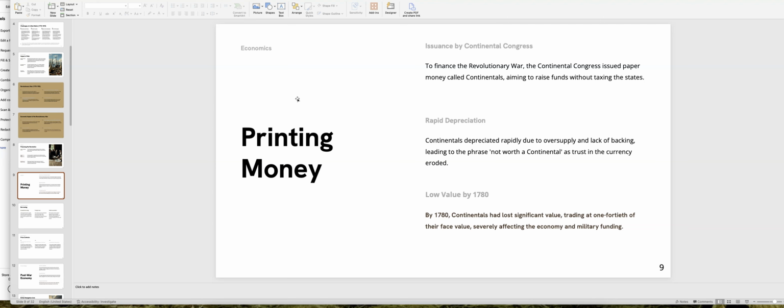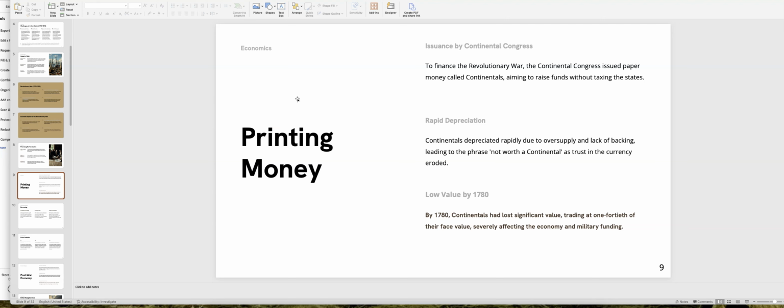And then also we get $150 million in central government certificates for the quartermaster and commissary, and then another $200 million in paper money issued by the states. So you've got 200 million federal money, 200 million state money, 150 million federal certificates. So you've got $550 million of basically fake printed money.